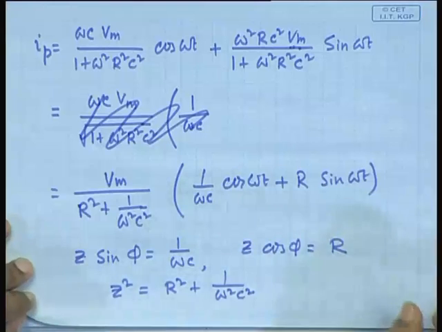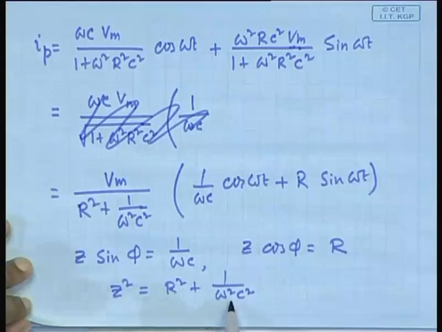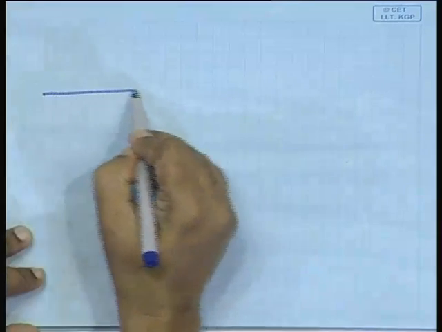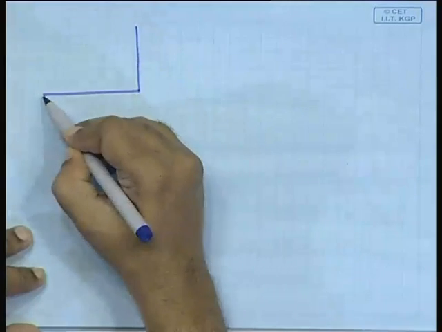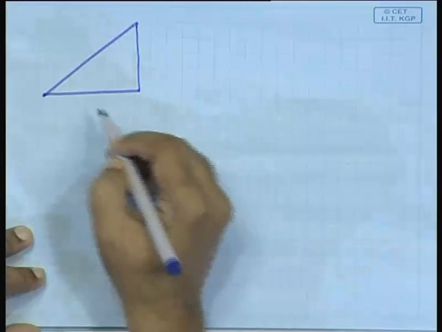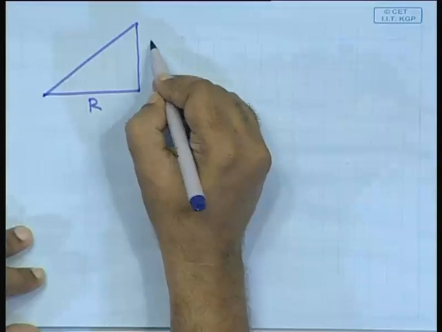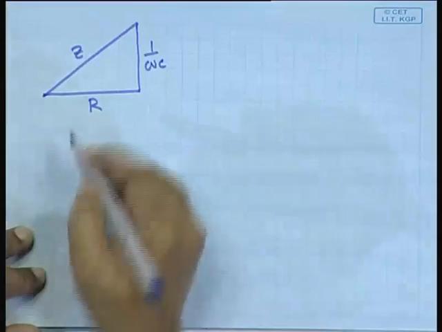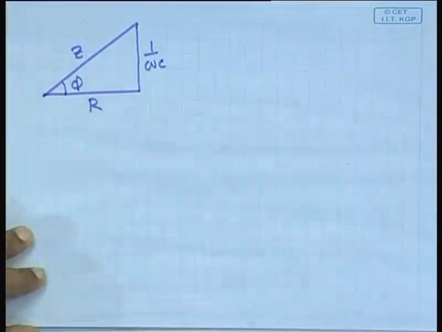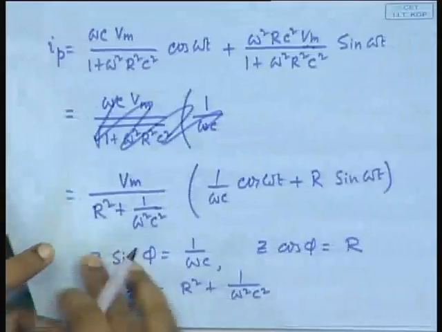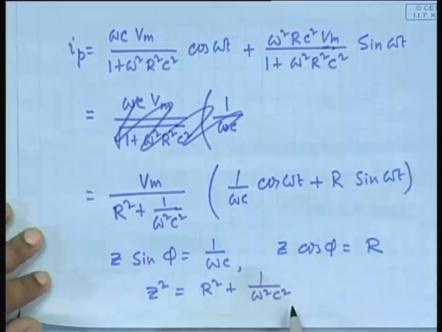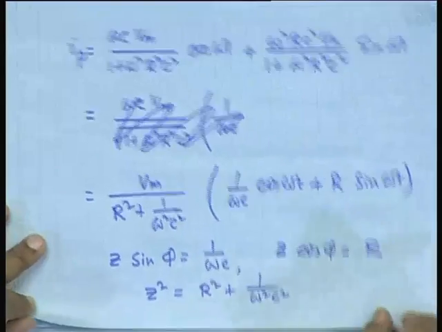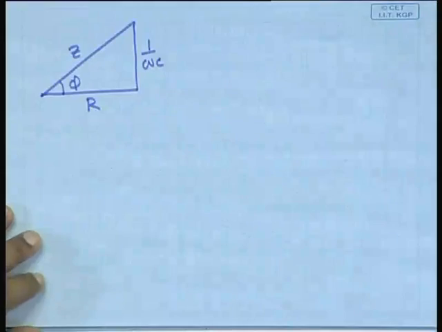You can easily see what I am driving at. This means that if you have r here and 1 by omega c here, this is Z, and this means exactly that.